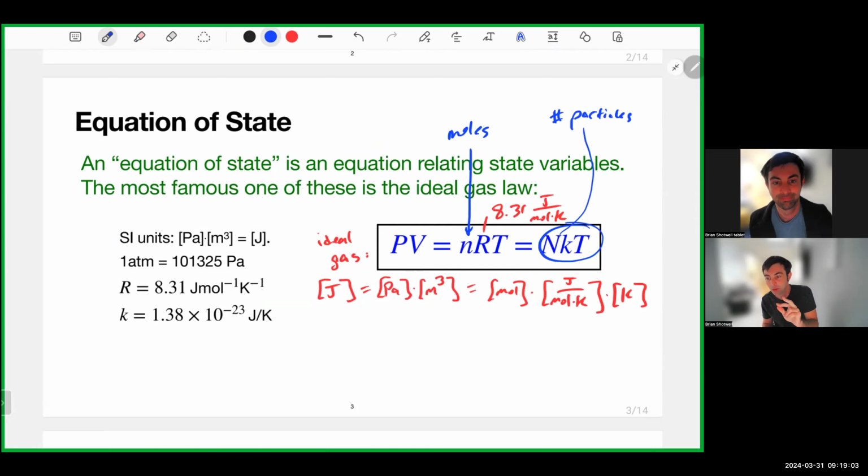So instead, we introduce something called the number of moles. So we can take the number of particles and divide by Avogadro's number to get the number of moles of the sample. And then this turns capital N times k equal to lowercase n, number of moles, times this gas constant, the molar gas constant.